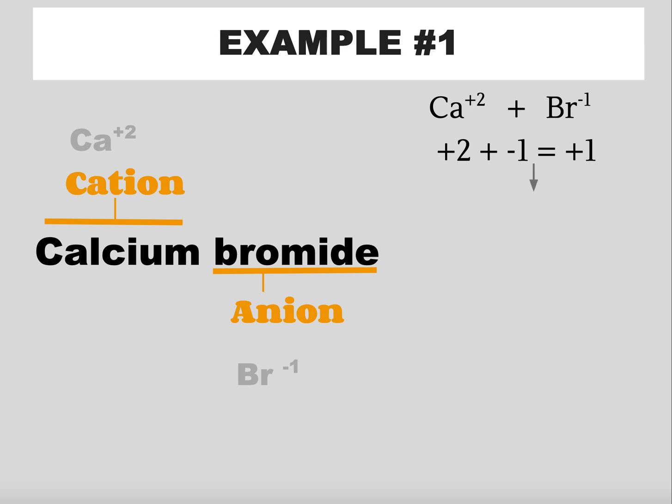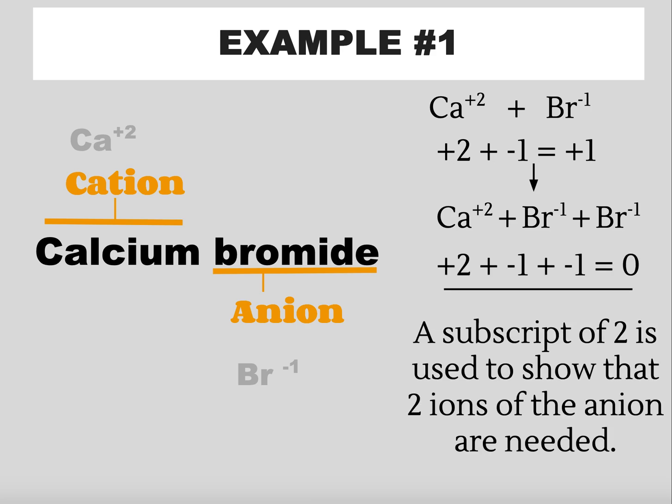If you said, well, you need to add another bromine so that it's plus 2, minus 1, minus 1, that equals 0. Once it equals 0, now I know how many of each ion it takes to balance out the charge. So it takes 1 calcium and 2 bromines. So I'm going to use a subscript of 2 to show that I need 2 bromines.